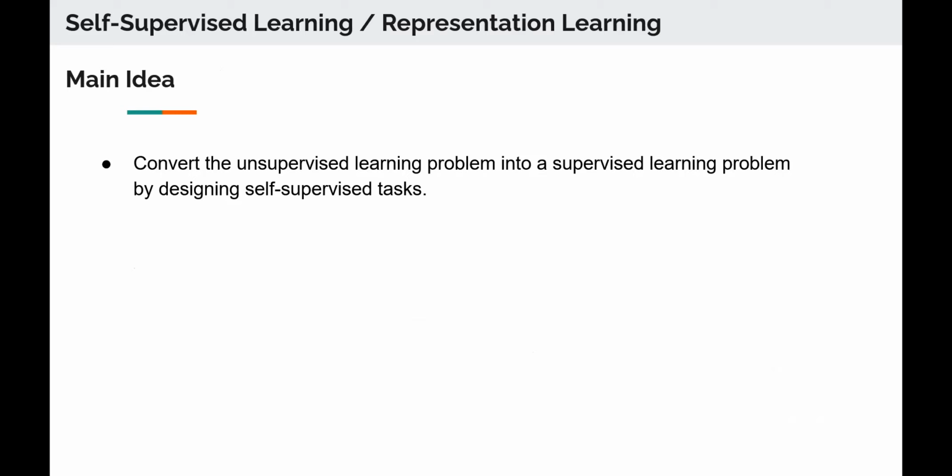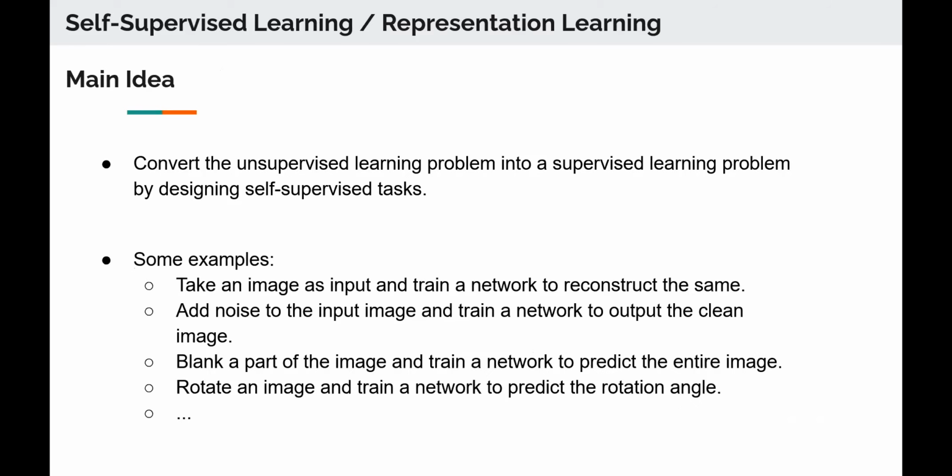In self-supervision, we basically come up with pseudo outputs. For example, we can take an image as input and ask the network to output the same image. There was no output to begin with, but we construct a self-supervised task, which is to reconstruct the same image that was the input.